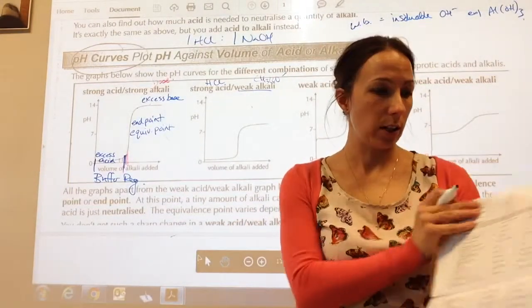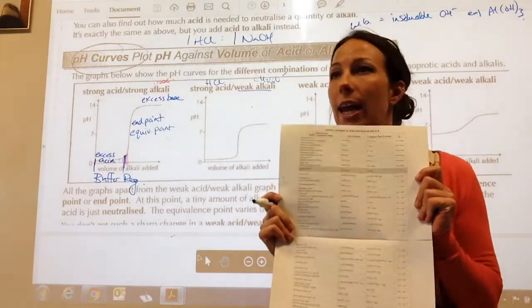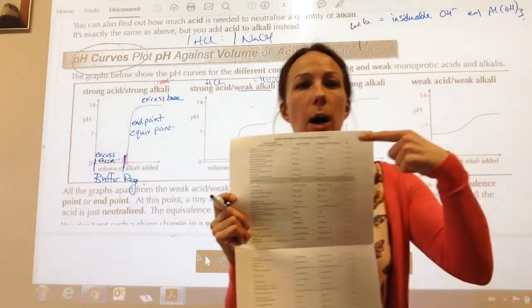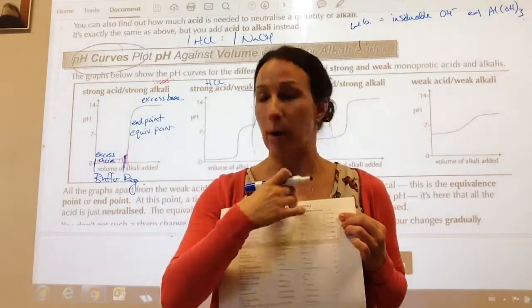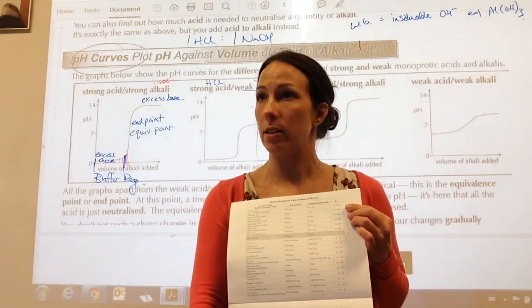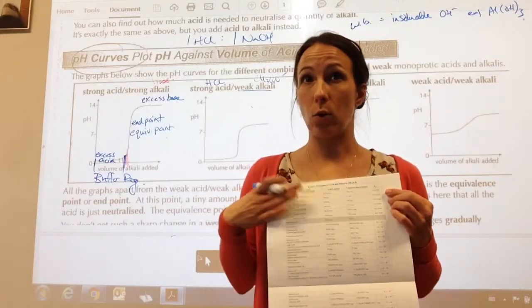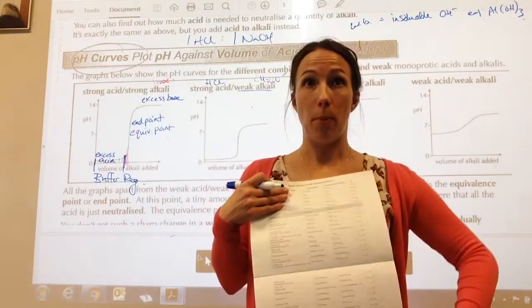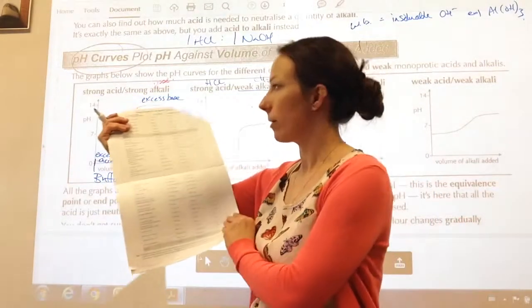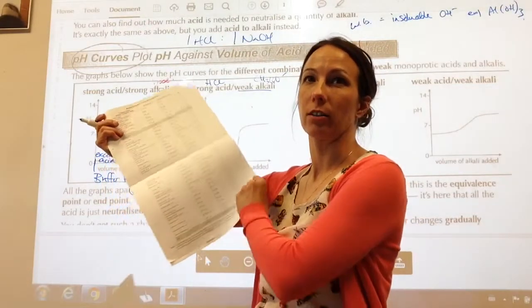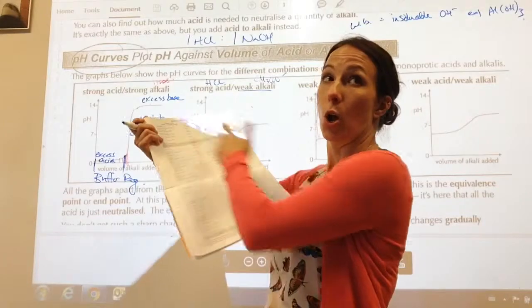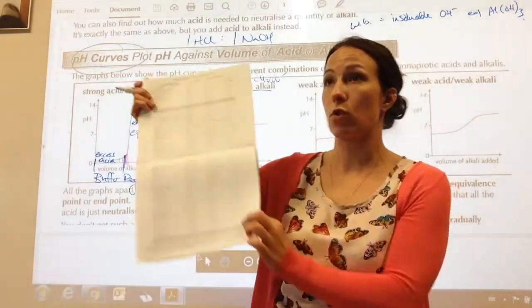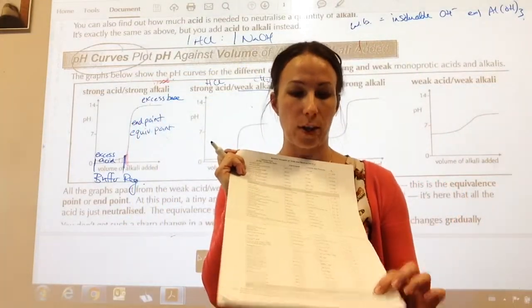in your data booklet with your Ka tables, do you remember how we talked about up here are strong acids, like conjugate acid, or pardon me, acids and their conjugate bases, right? Top left-hand corner, strong acids. Bottom right-hand corner, strong bases. Because that's the OH minus.